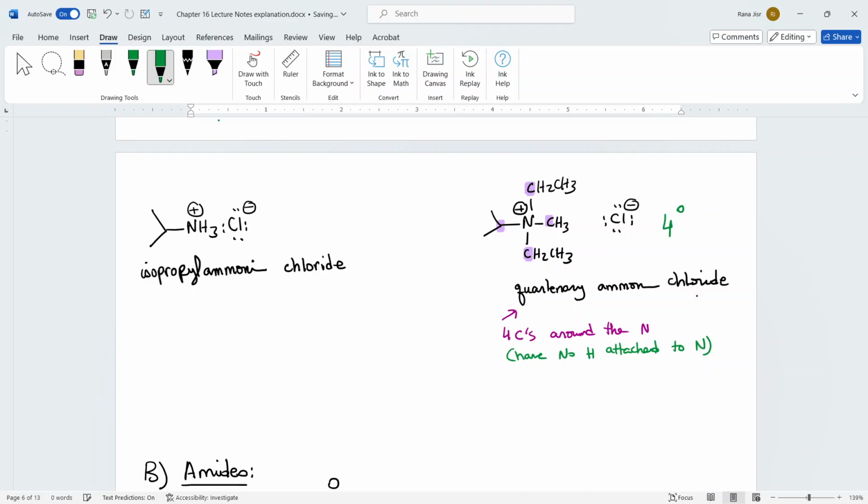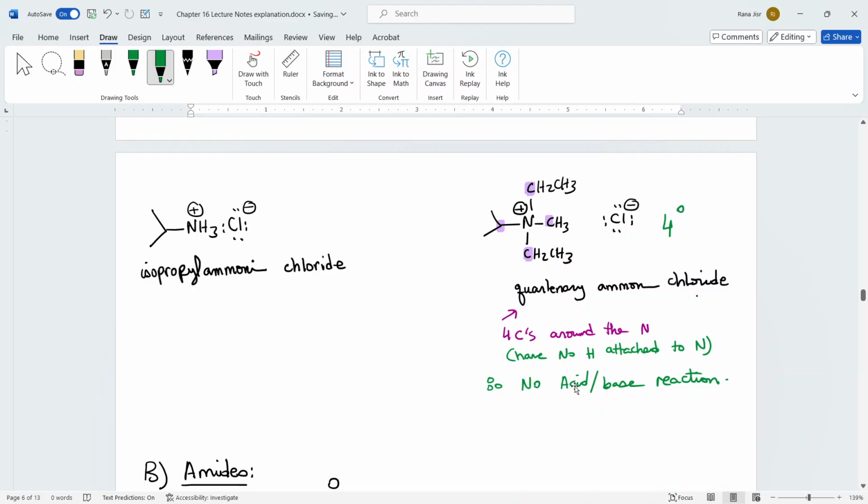So quaternary ammonium salts, they don't react with bases in there. They are always pH independent. They are neutral. So therefore, there is no acid-base reaction, because for a base to react, the base needs to take an acidic hydrogen, and around this nitrogen there is no acidic hydrogen. See, here there was acidic hydrogen, so the base could react, but here the base cannot react with this nitrogen in there.